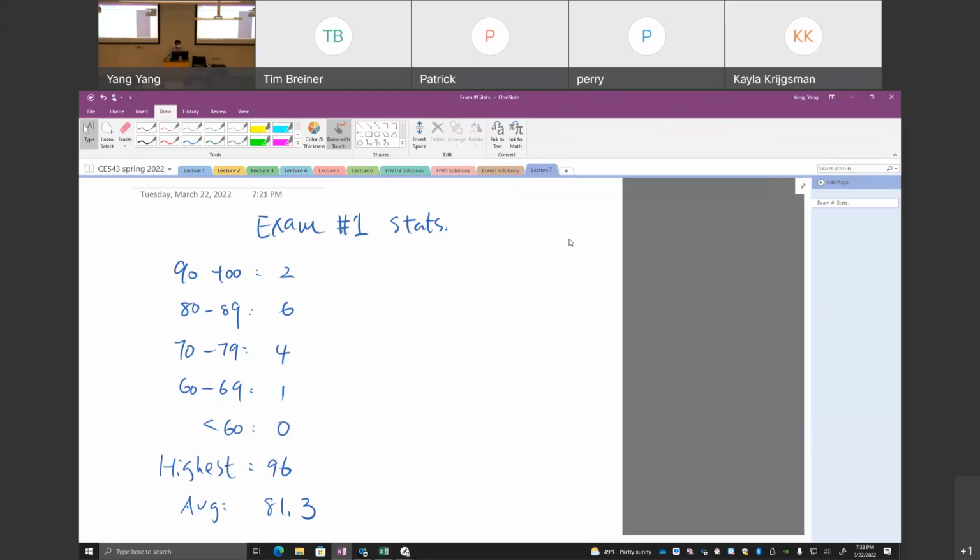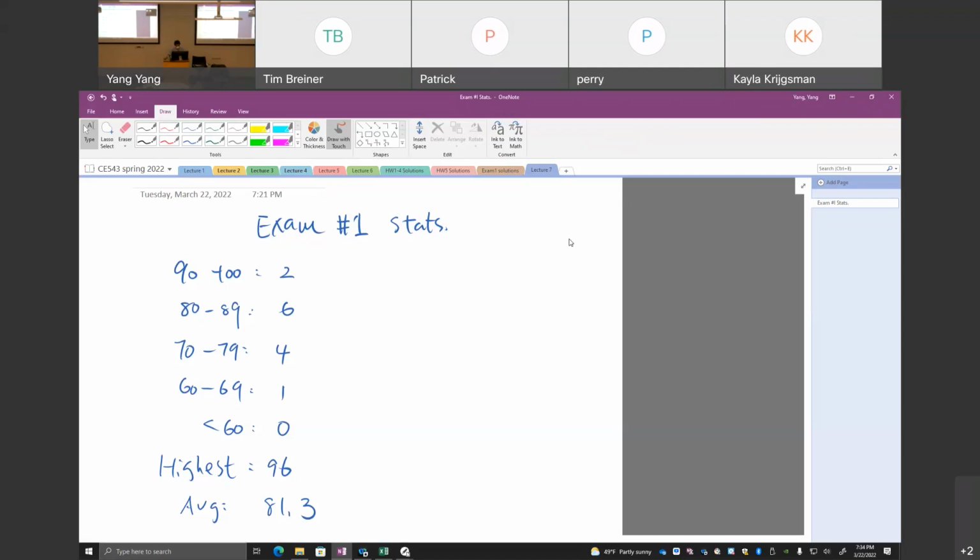So as you can see on the screen, those are the statistics of the first exam. We have two 90s, six 80s, four 70s, and one 60s. And we do not have any students failing this exam. That's very good news. The highest grade is 96.